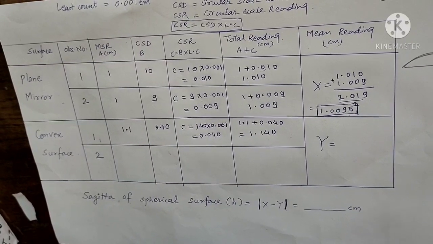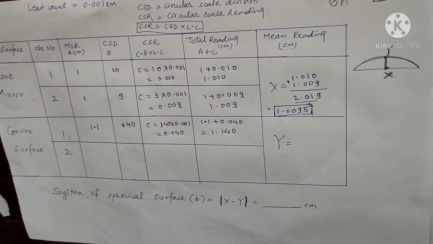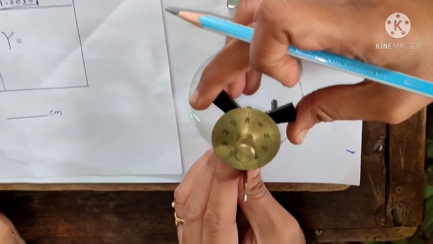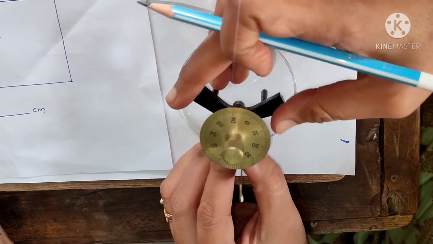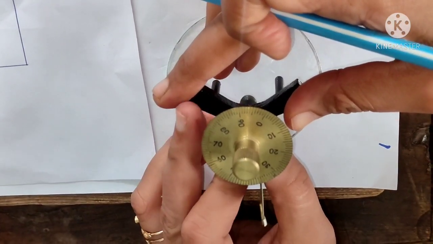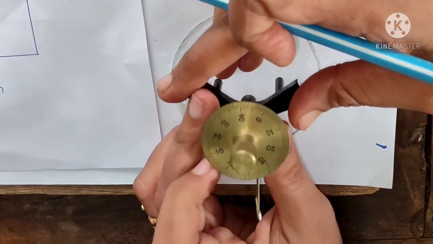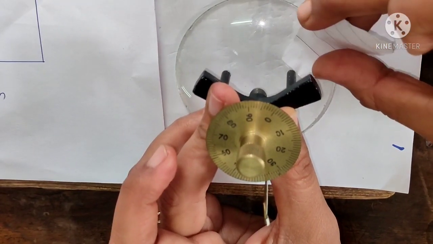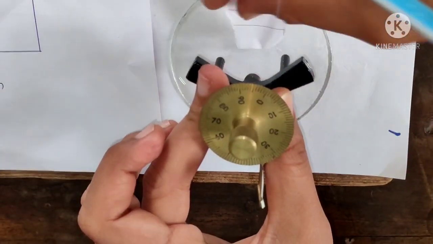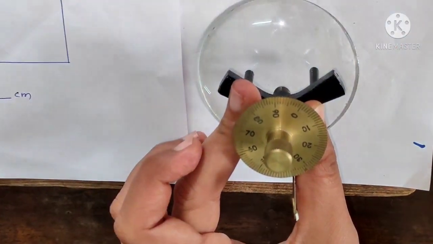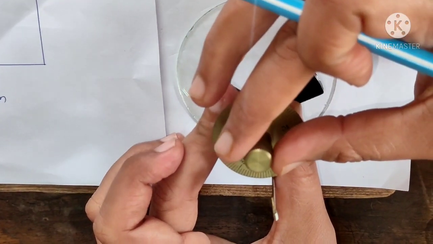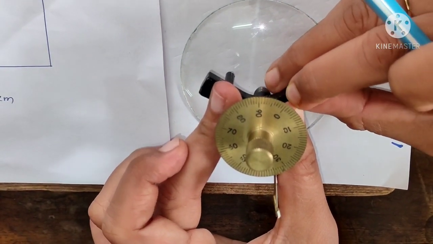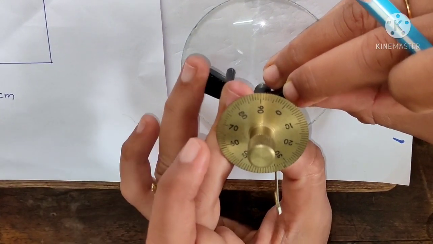We have to take one more observation to get an accurate result. So again we'll place the spherometer at the same position. Then again we'll check whether this paper can pass through the gap between the surface and the tips of the 3 legs as well as the middle screw.